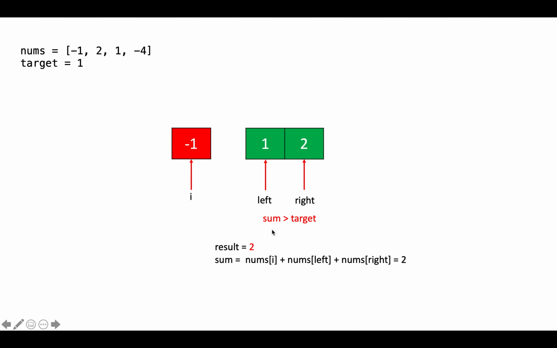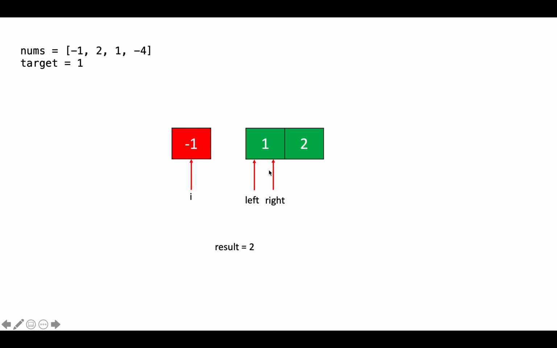In this way, we can make our sum closer to our target. So we are here, and this time we can find that our left pointer is no longer less than our right pointer, so we can end the loop. For the index 1, for this -1, our closest sum is 2.